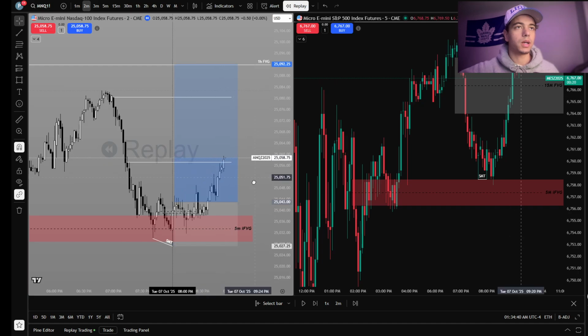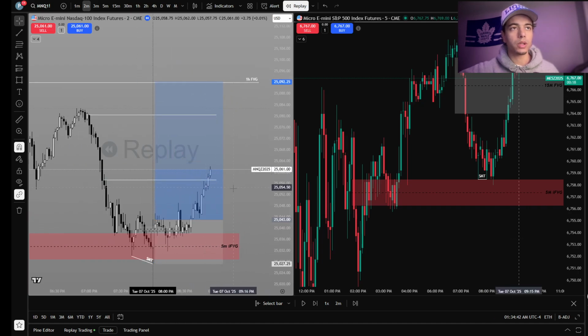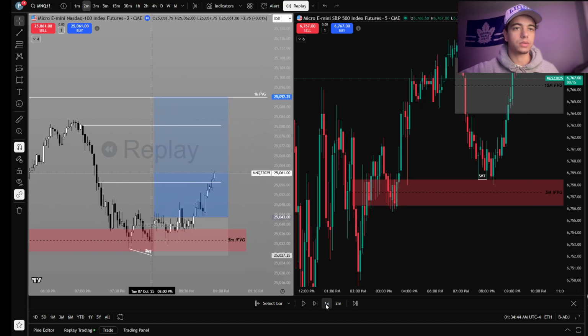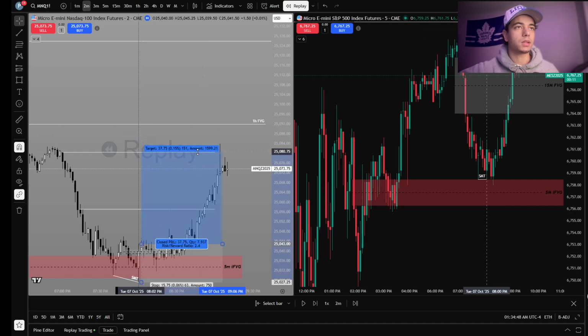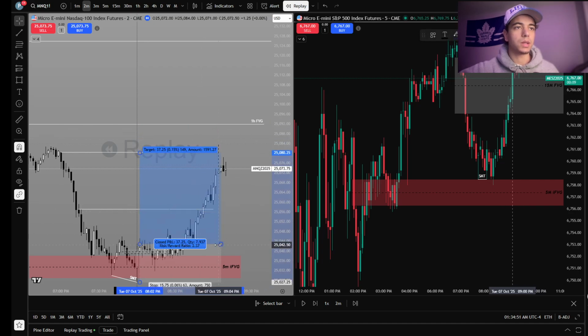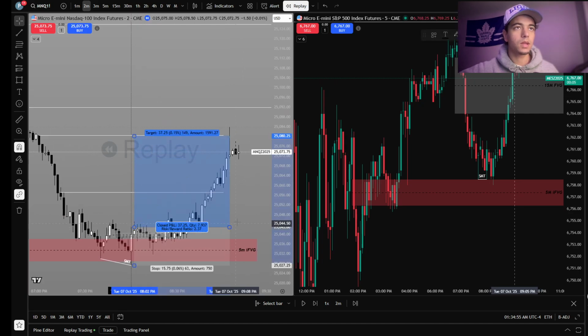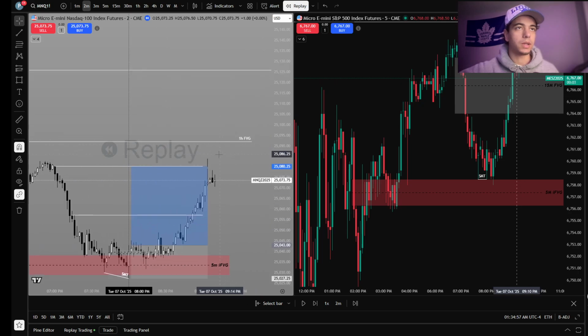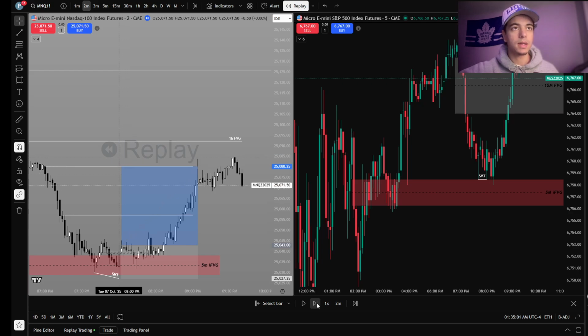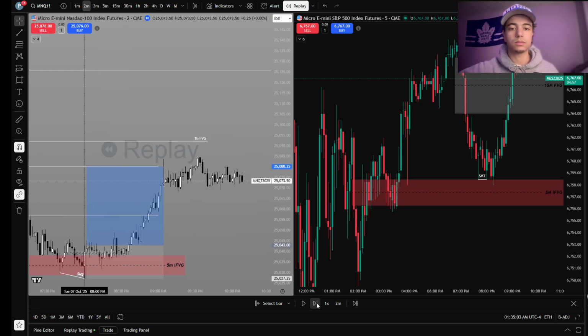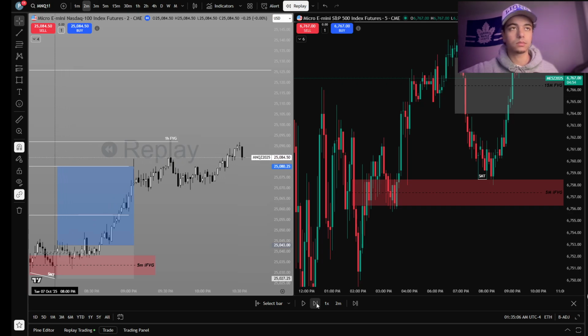So at this point, I take about 40 or 50% of my position off, and I go break even, and TP smacks right away for the rest of my position at around 9 p.m. And then at this point, I have one micro running to this unfilled hourly gap, which was my main draw on liquidity since we left that in the New York session.